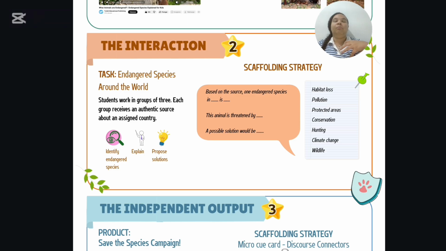All of these tools help students communicate their ideas confidently while using the target language.